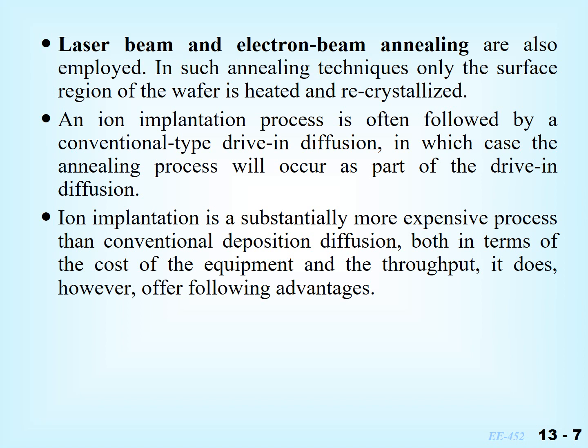Another way of annealing can be using a laser beam, or electron beam annealing can also be used. You can also see that during this annealing process, we achieve a maximum diffusion profile at a certain point.